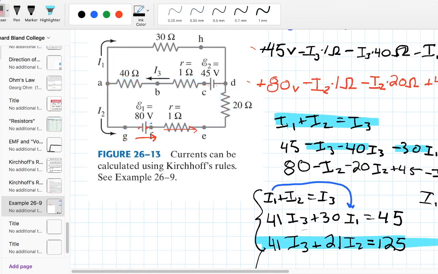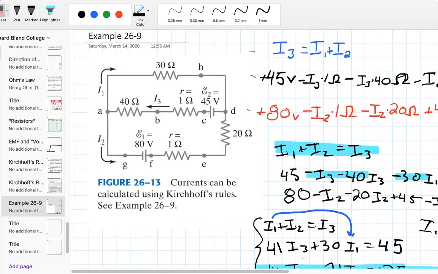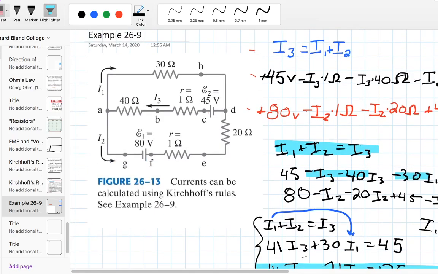We started at, gosh, I don't even remember where we started. It was so long ago. We started at D, I think, and went around the loop this way, and then we started at G and went around the loop this way.